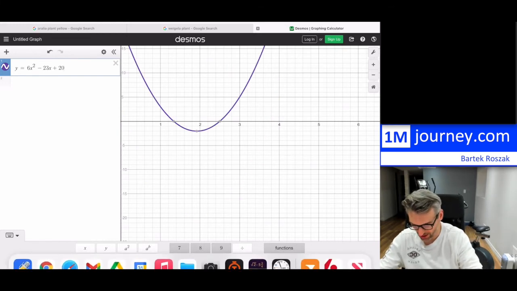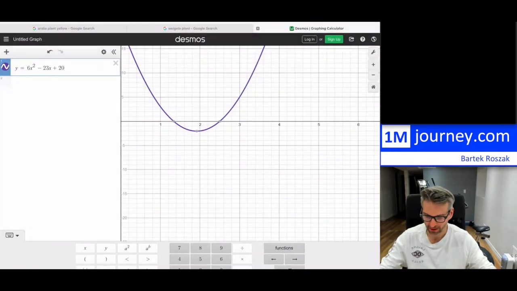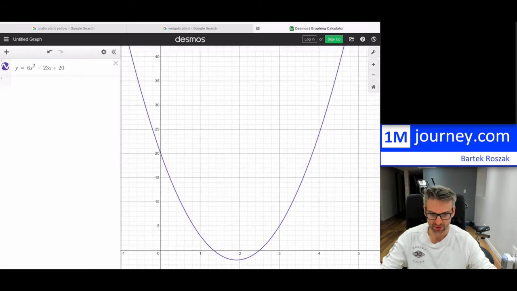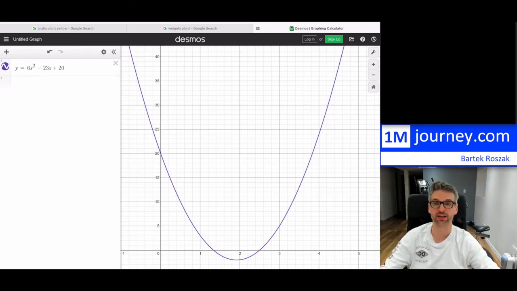Let's double check. Minus 23x plus 20, correct. And now, notice that it looks very similar to the other one, which is called a parabola, per se. You're going to start learning that a little bit later on, but that doesn't matter at the moment. Right now, I just want you to see the quadratics and what the meaning is of that factored form.